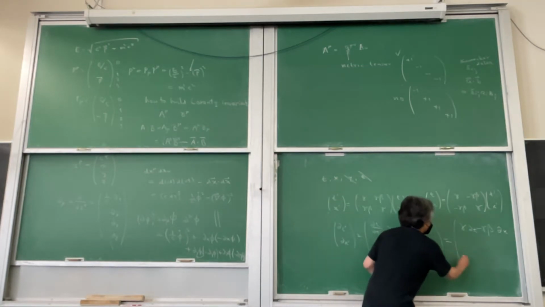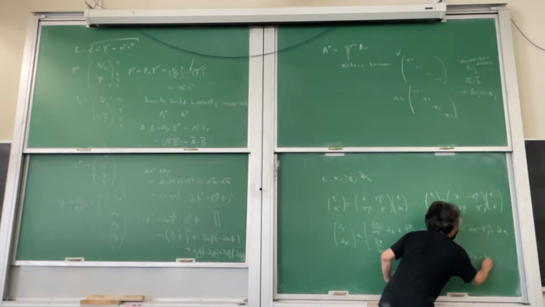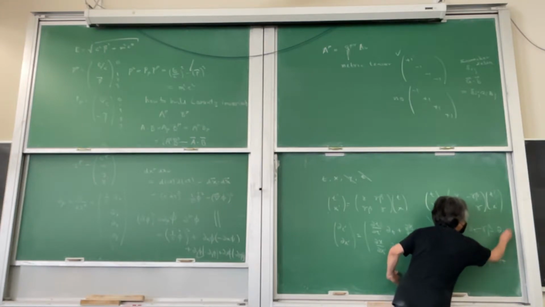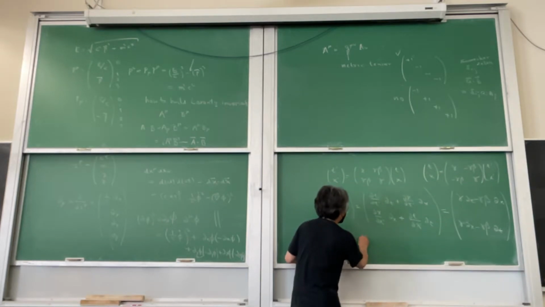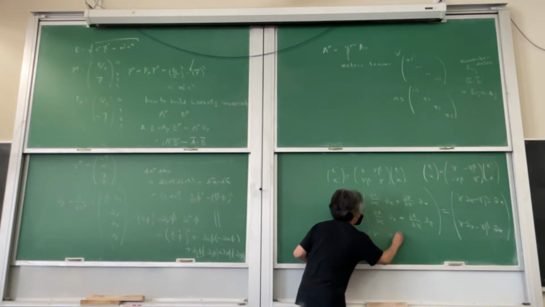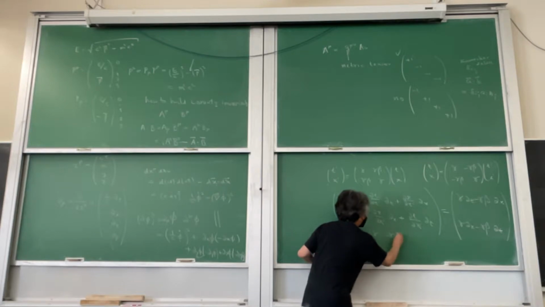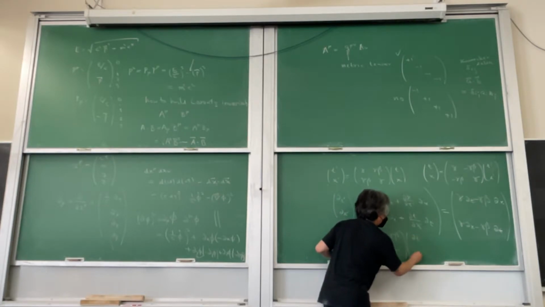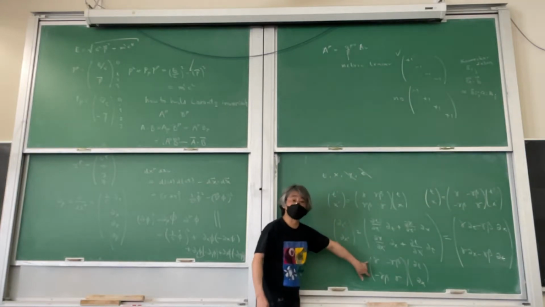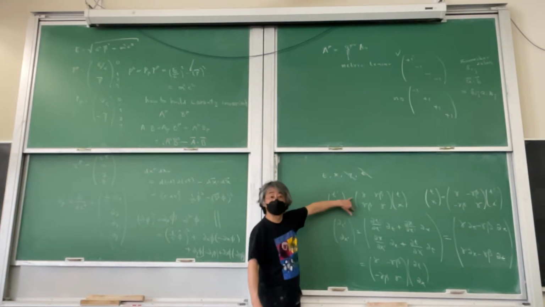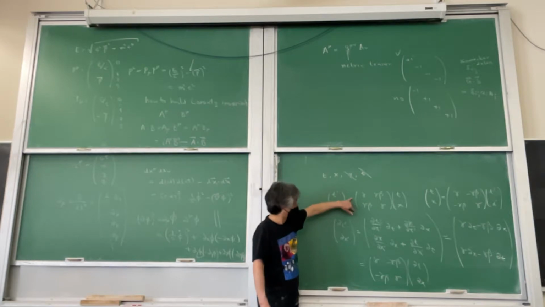And I do the same thing here: gamma del x minus gamma beta del t, which means the derivative is transformed by the inverse matrix from the transformation of the coordinates.